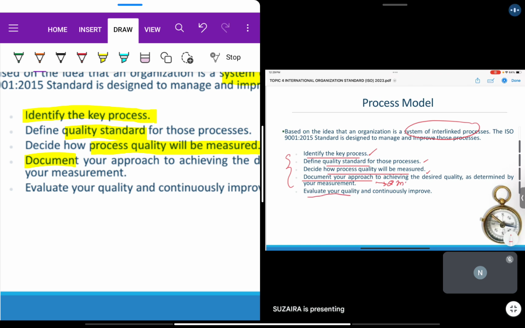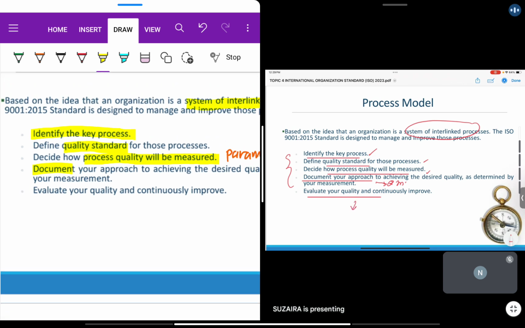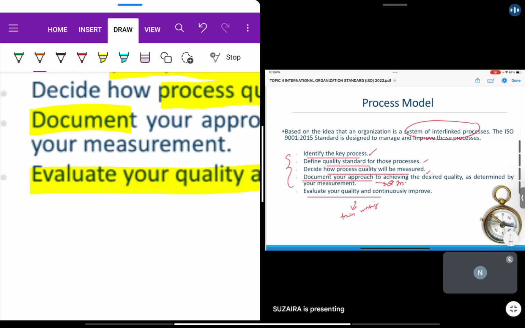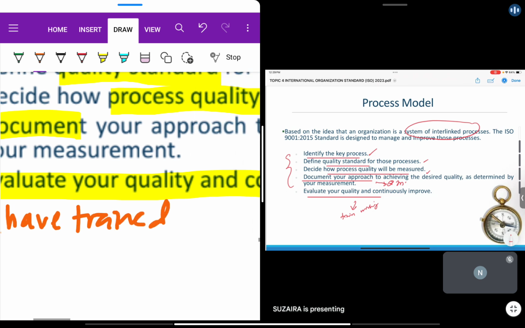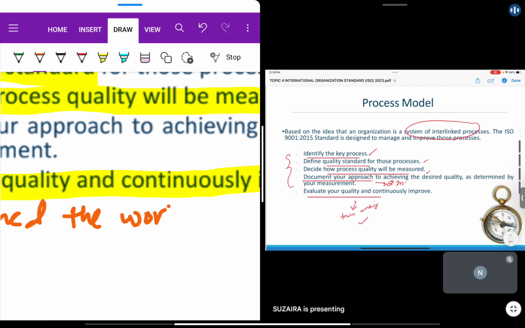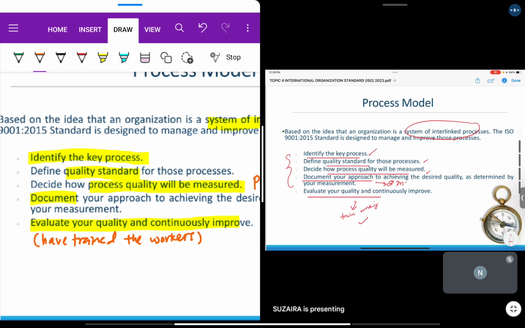And last is to evaluate your quality and continuously improve. This is because you already trained the workers, and now you want to make sure that everyone understands the process or the new additions or new practices added into the standard procedures. So this is to create awareness among the employees.